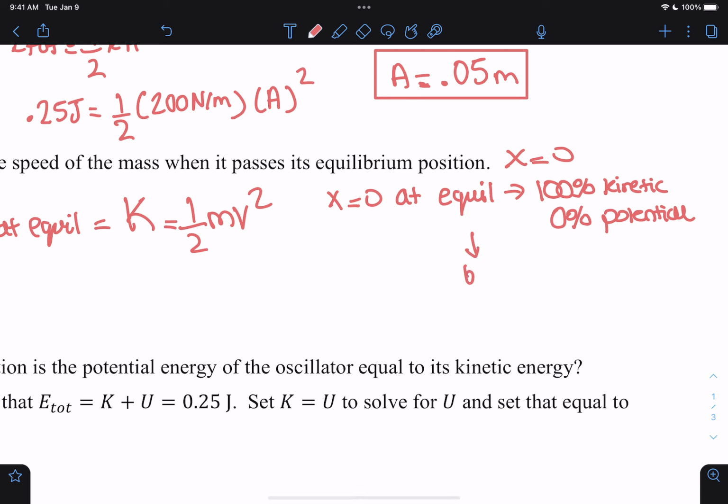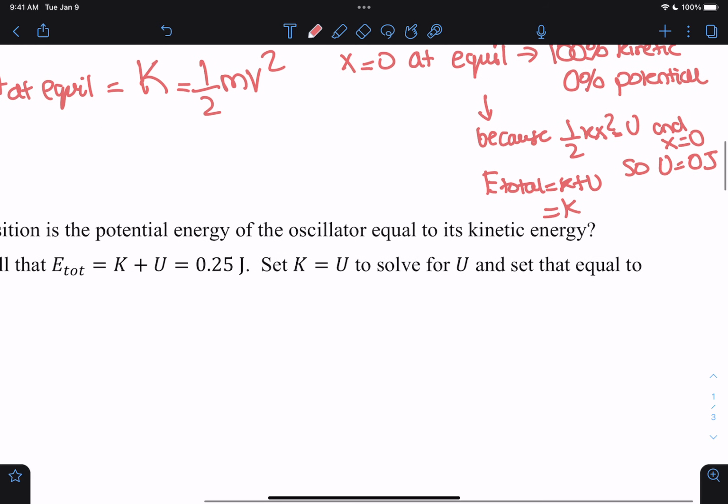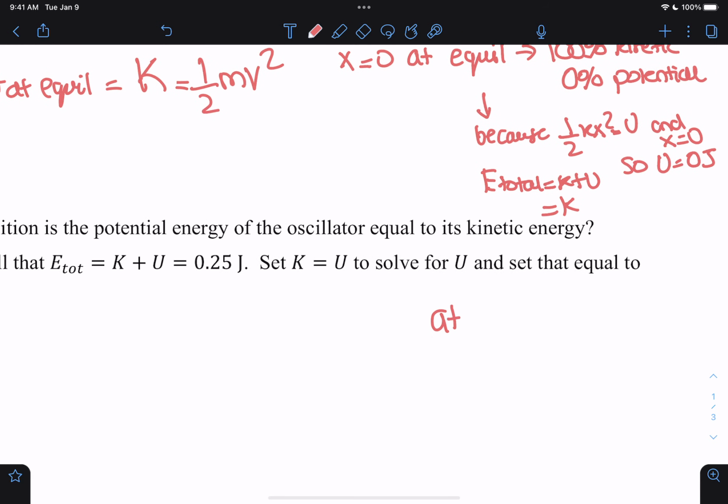So this is because half kx squared is equal to that spring potential energy, and x equals 0, so spring potential energy is equal to 0 joules, right? So if I'm looking at E total equals K plus U, then that equals just K, because there's no U anymore.